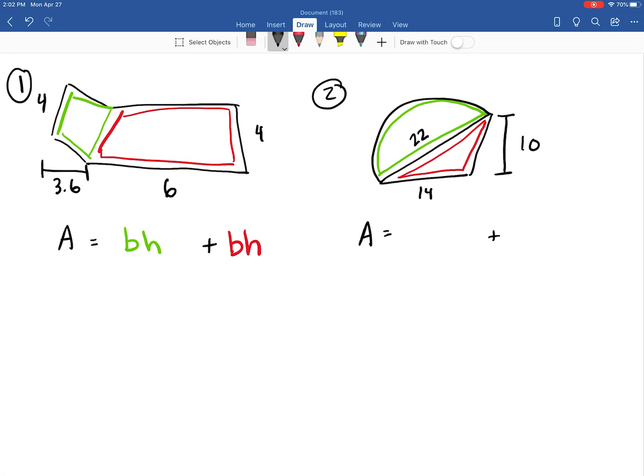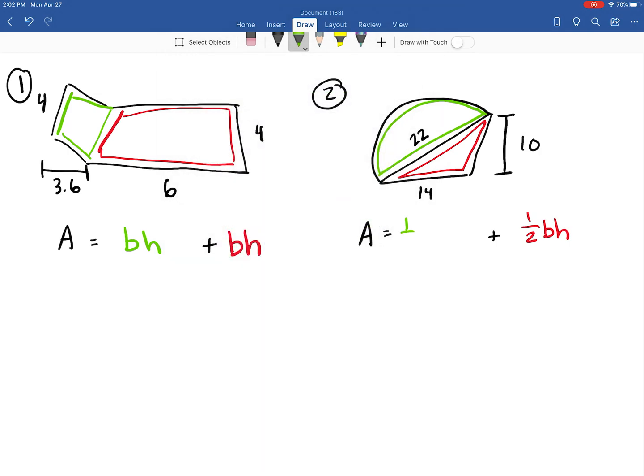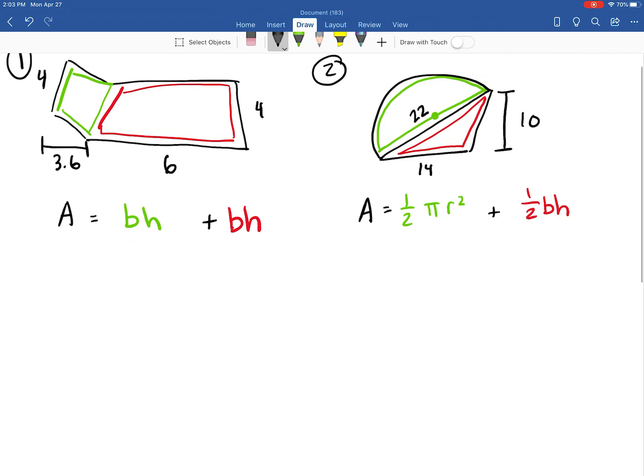To fill in my area formula, I'm going to have a triangle, which is 1/2 the base times the height, as well as half of a circle. The area formula for a circle is pi r squared. Be careful with this one because they don't give you the radius, they give you the diameter. So you will have to solve for the radius given the diameter. Again, you'll plug in the radius for the circle, and the base and the height for the triangle, and then you will solve.